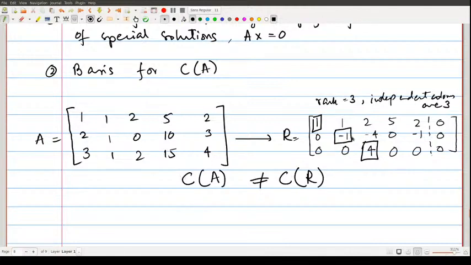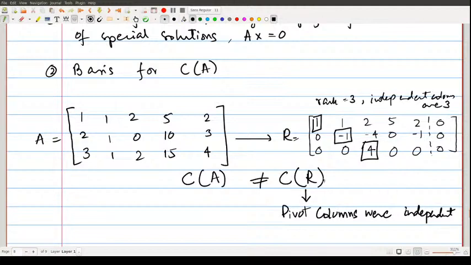But R is still important because R is telling me which columns were the independent columns. R tells me that the pivot columns were independent.